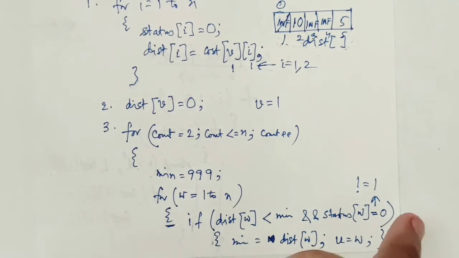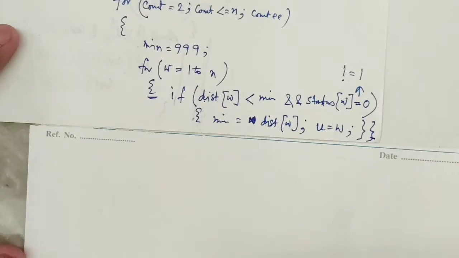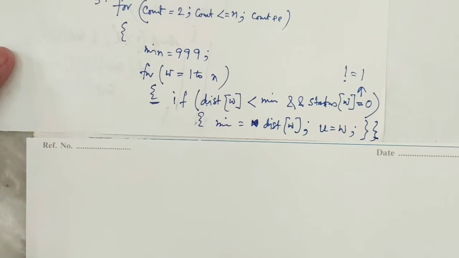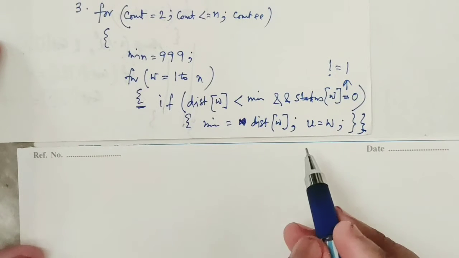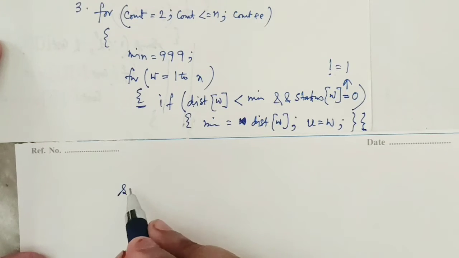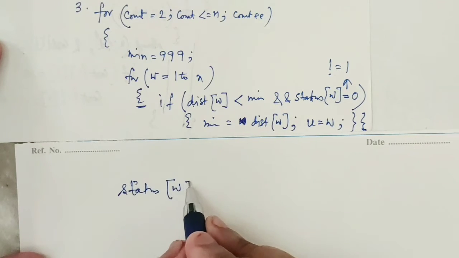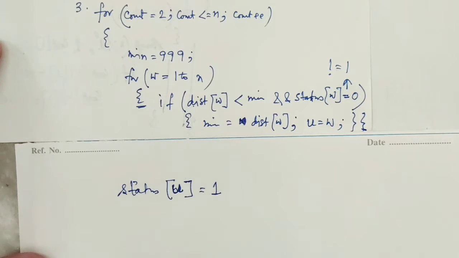So after this part is over, close the inner for loop w. That means you have got which vertex has the minimum d parameter value, and it is stored into u. After completion of it, you have to call the status array for u and set it as 1.